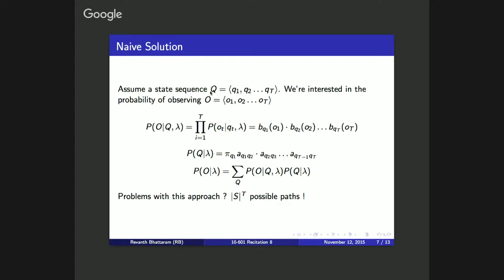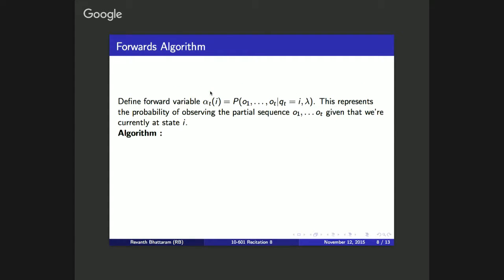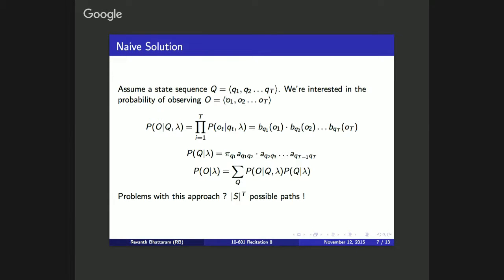So this is computationally expensive, which is why we have recursive algorithms that build one step at a time. There are two algorithms, the forwards algorithm and the backwards algorithm. Let's go with the forwards algorithm, where we define a forward variable, alpha t of i, as the probability of, so we're still interested in this entire observation sequence, so we're just breaking it down into chunks.